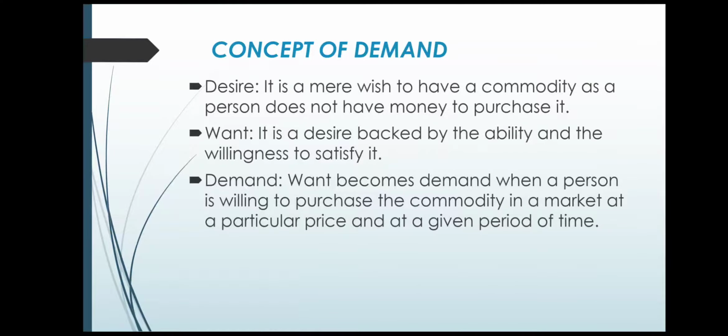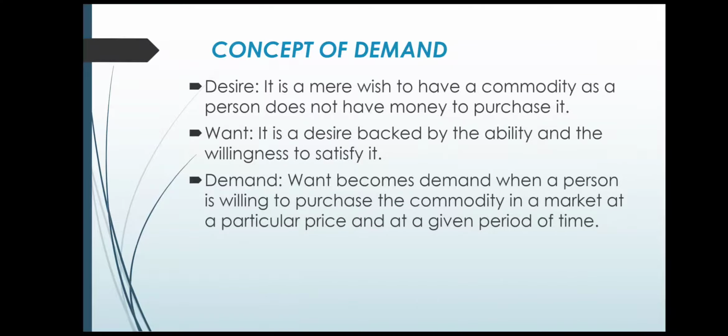Now, students, there are three terms that are used interchangeably by the common man, but in economics, these three terms have completely different meanings. So, the first term is desire. It is a mere wish to have a commodity as a person does not have money to purchase it.